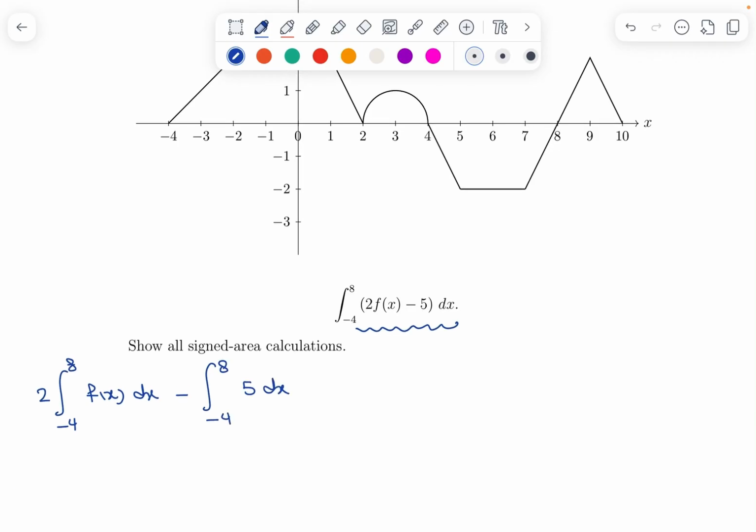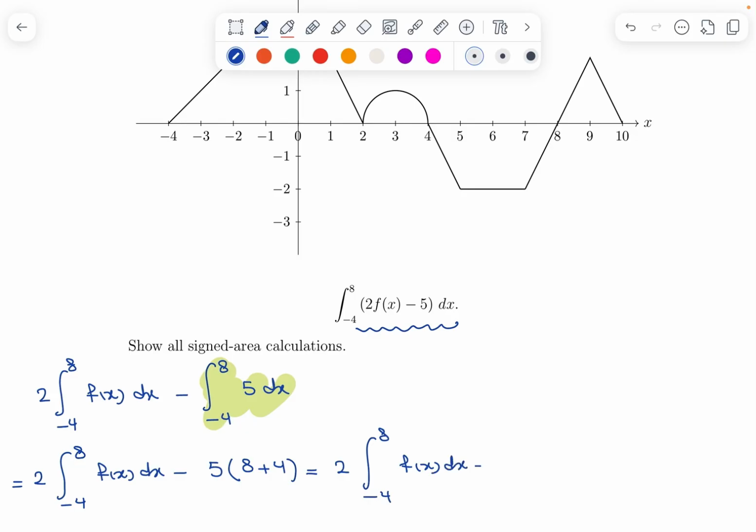So, which is equal to 2 definite integral from negative 4 to 8 of f of x dx minus this definite integral of a constant function, by using the formula that you learned, would be that constant, in this case 5, times the length of interval, 8 plus 4. So we will get 2 times definite integral from negative 4 to 8 of f of x dx minus, 8 plus 4 would be 12, times 5 would be 60, minus 60.